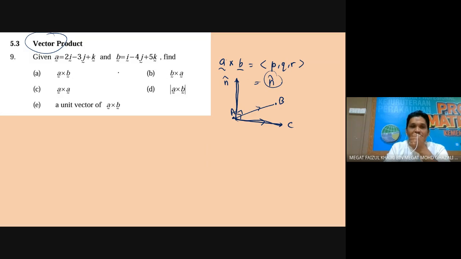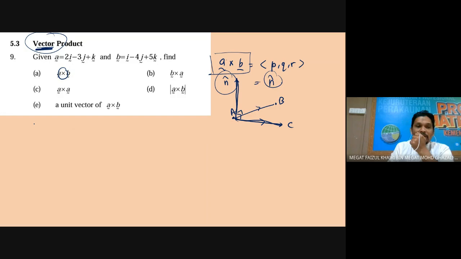So again, the cross product is a process where you will get a new vector, and that new vector is a normal to the process here.